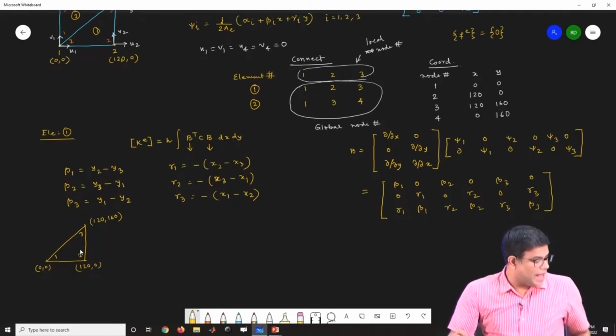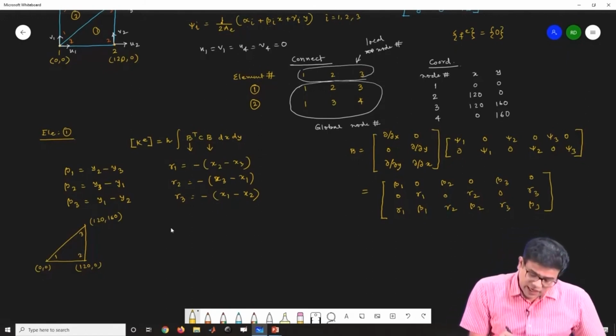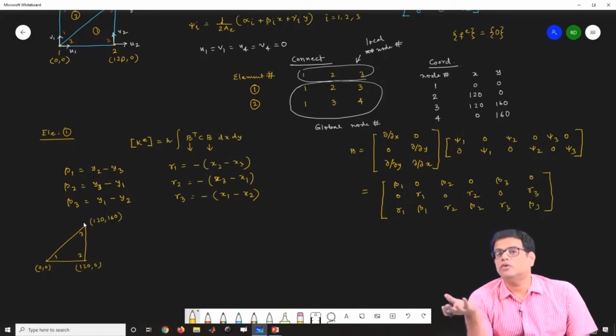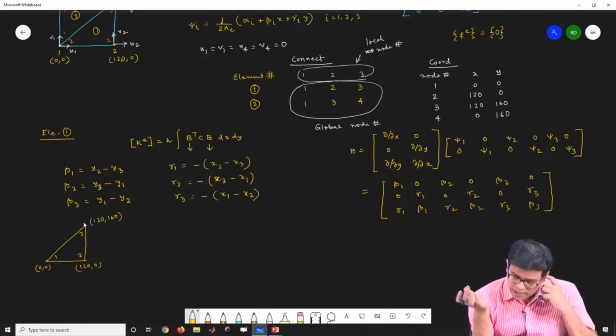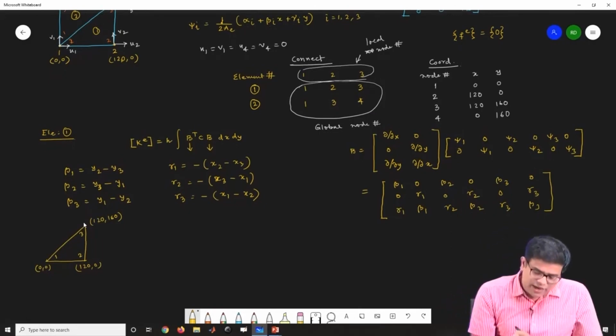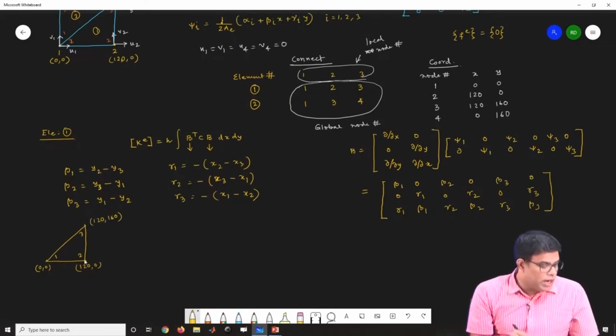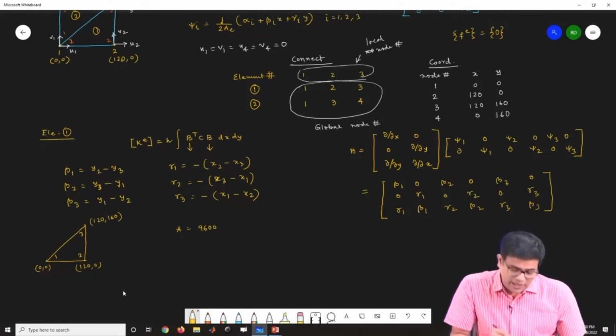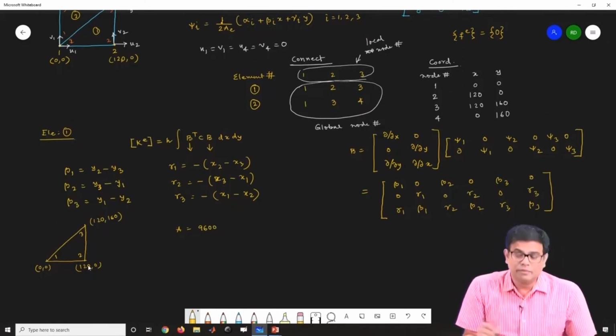Then the area also you have to calculate. You know the formula for calculating the area of a triangle with 3 coordinates known, and for this it is simply 9600, because you can check by calculating half of height and the base.